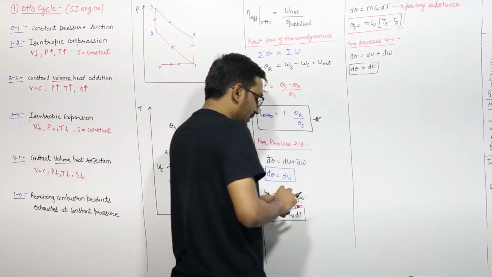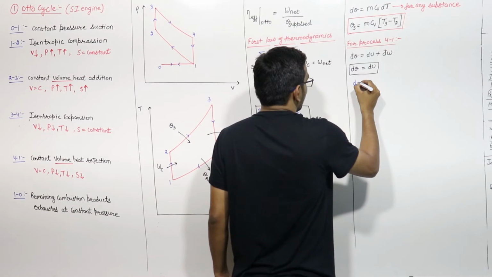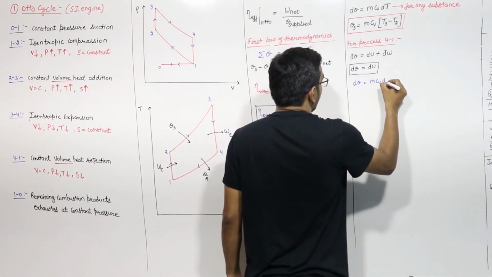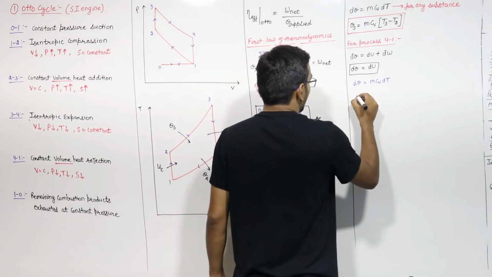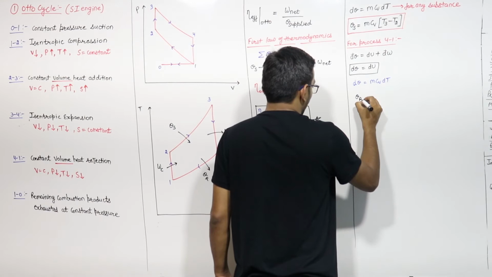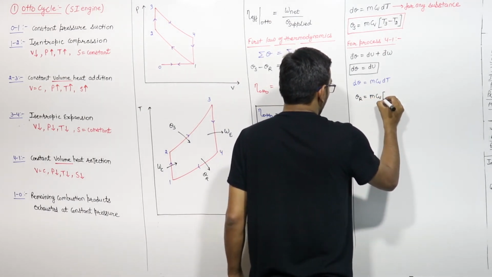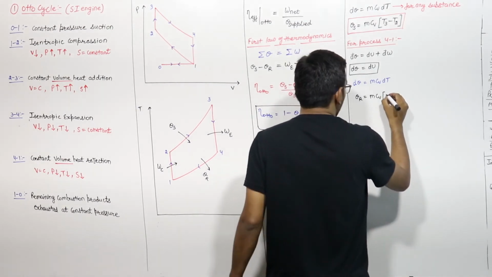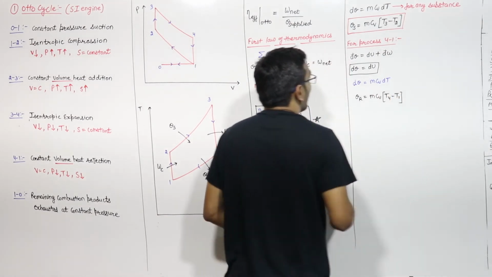So from here you can write that in this case dQ will be equal to mCv dT, and if you integrate this, then you will get that the heat rejected during this process will be equal to mCv into the temperature change from 4 to 1, which is T4 minus T1.